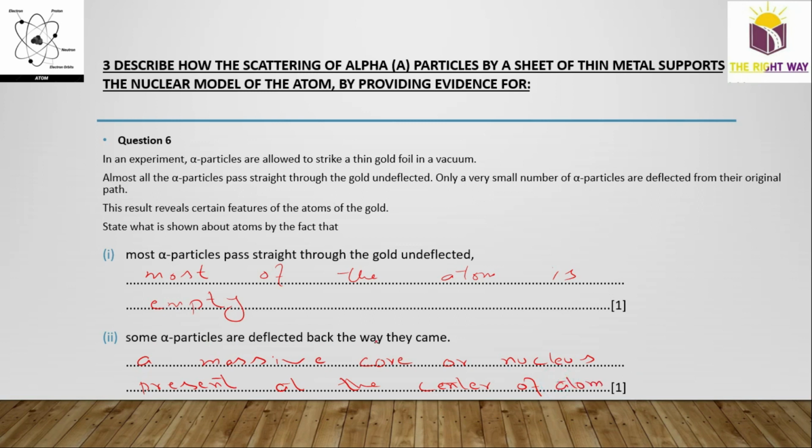Alpha particles are deflected back the way they came because a massive nucleus is present at the center of the atom, containing protons and neutrons.